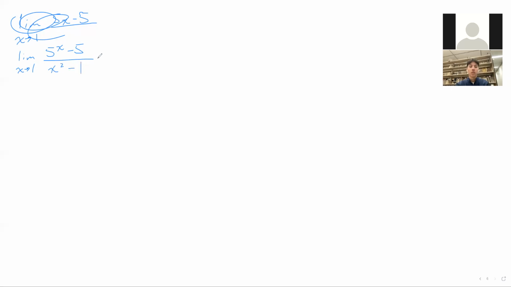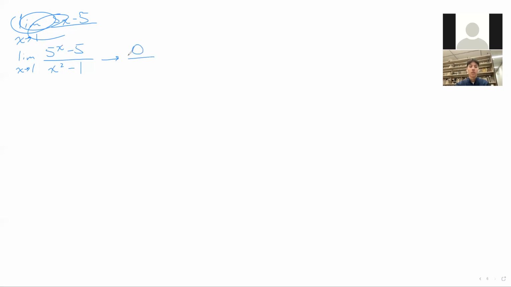Okay, so how can I start looking at this thing? We would need to know the individual limits of the numerator and denominator. What are those individual limits? I think the top is 0. 5 to the 1 is 5, 5 minus 5 is 0.